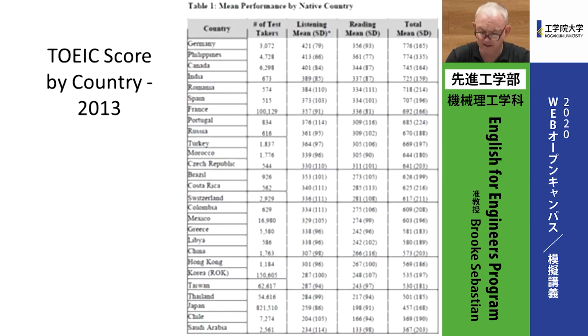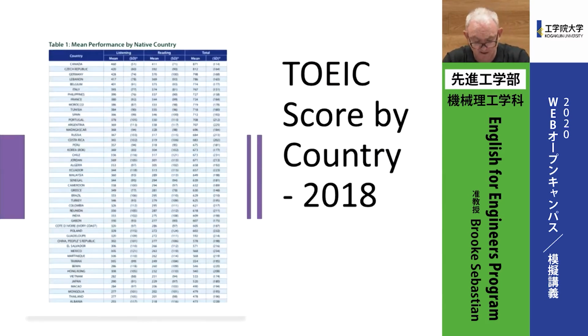Well, let's look at some TOEIC scores from countries around the world. And these scores are 2013, but you can see the problem is Japan as a country is ranked near the bottom of the table. Let's move forward to 2018, and very little has changed. Japan's TOEIC score ranking is still at the bottom of the table.